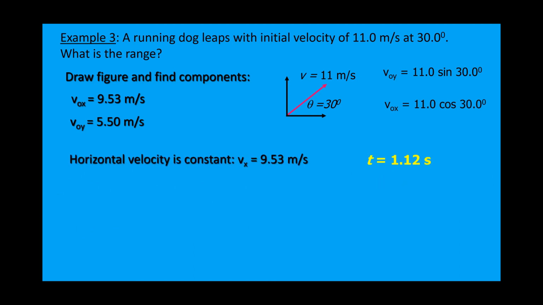Basically it simplifies down to distance equals rate times time, or distance equals VOT. The V is 9.53 from the trig that we did. We know horizontally it's moving at 9.53 meters per second. From the previous slide, we found out it's going to be in the air 1.12 seconds. And so our range horizontally is 10.7 meters.